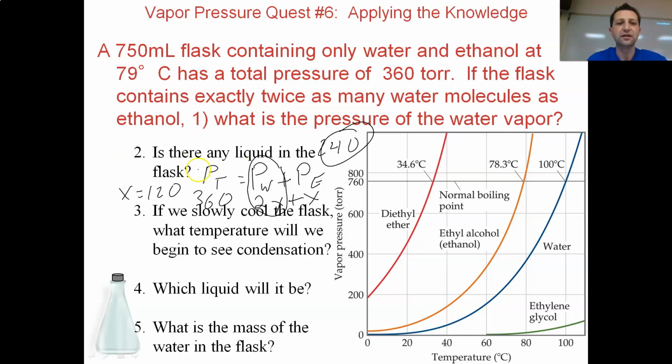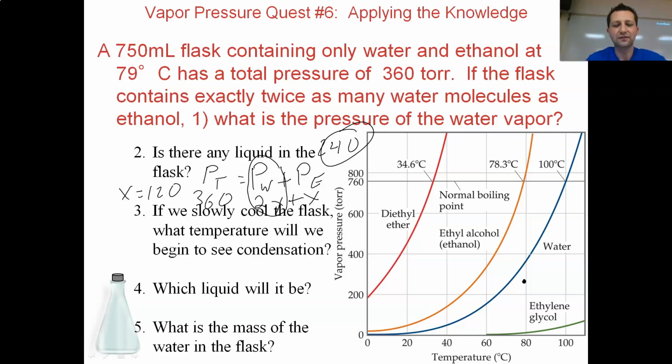Question 2, is there any liquid in the flask? Well, now that we know what the partial pressures are of everything, we can look at our curve here and figure it out. So partial pressure of water at 79 is 240. So 300 is between 200 and 400. So we're talking around here maybe.